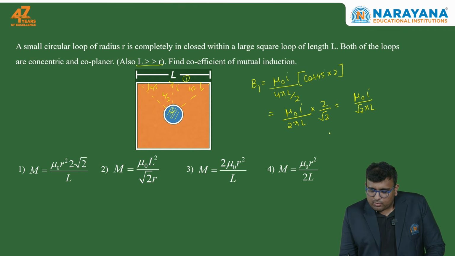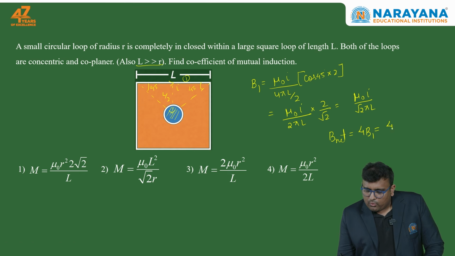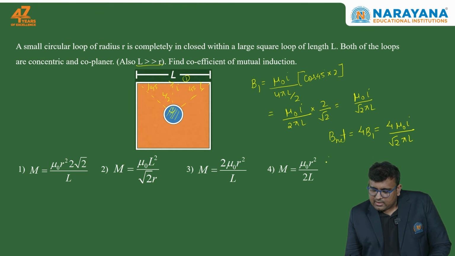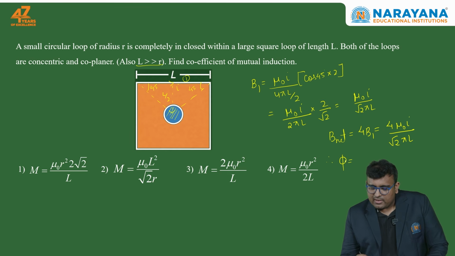Now if I ask what is the total magnetic field, that will be equal to 4 times B1, which will be equal to 4 mu naught I divided by root 2 pi L. That is the total magnetic field, I guess. Now they're asking what is the flux due to this magnetic field. So that will be written as B net into pi r square.